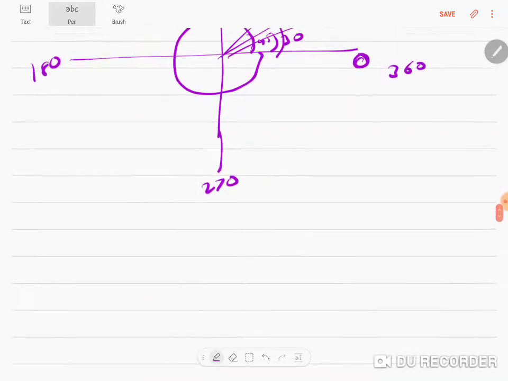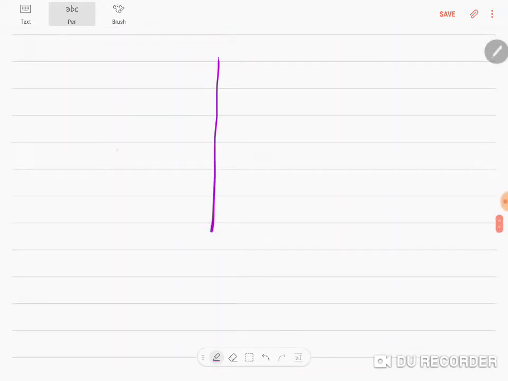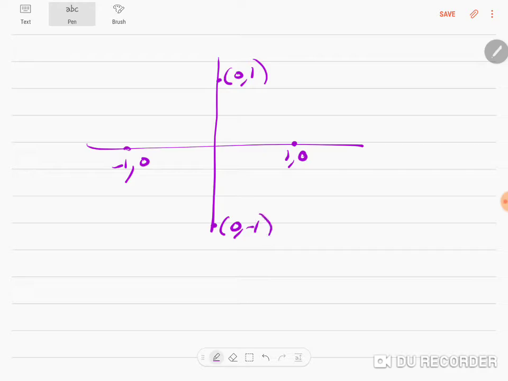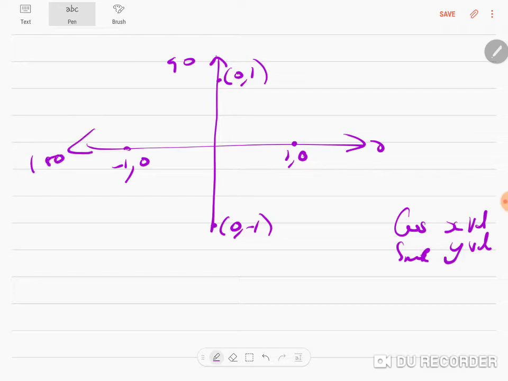So let us look at how sin 0 is. What is sin 0? Take 1 unit here, the coordinates being (1, 0), (0, 1), (-1, 0), (0, -1). Cos corresponds to the x value and sin corresponds to the y value. So this is 0 degree, this is 90 degree, this is 180 degree, this is 270 degree, and this is 360 degree, back again, which is equal to 0 degree.